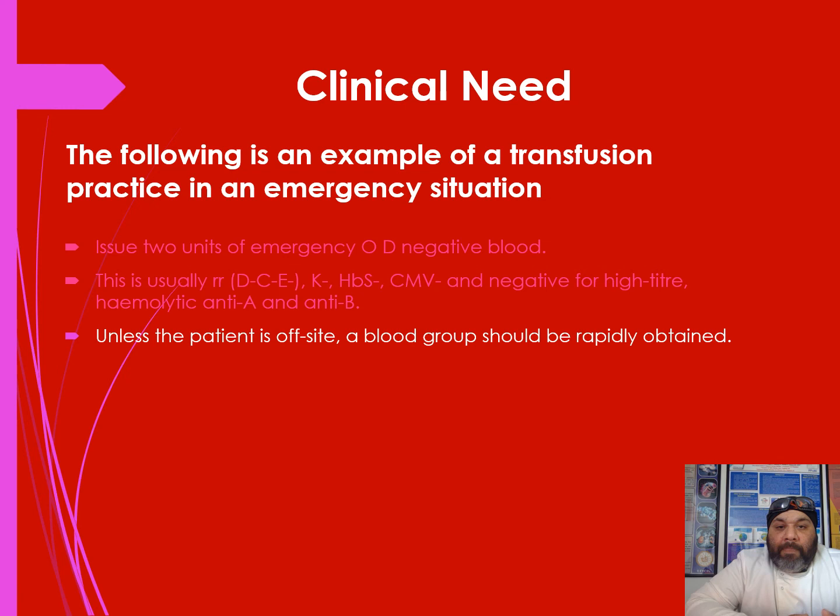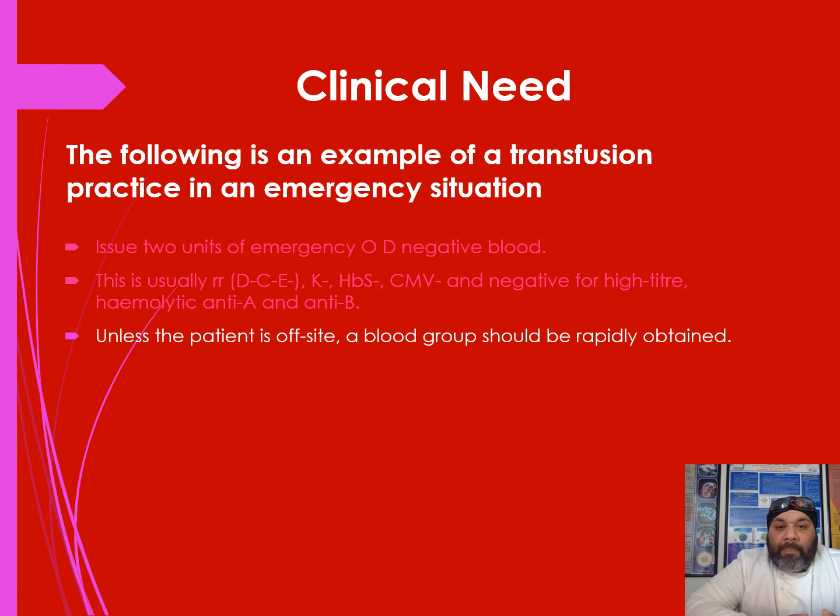So a blood group should be rapidly obtained unless the patient is off site. So, for example, if a patient has not been known to the laboratory staff, and is not known in an emergency.